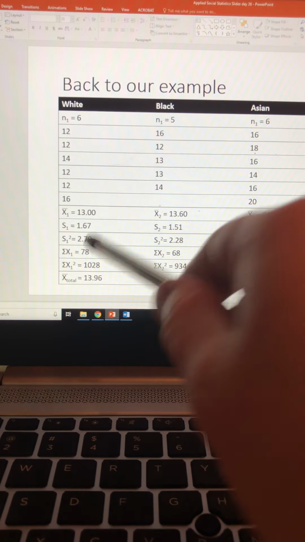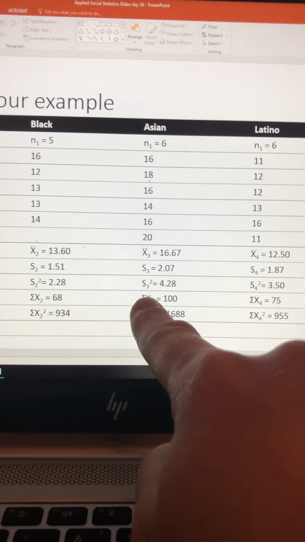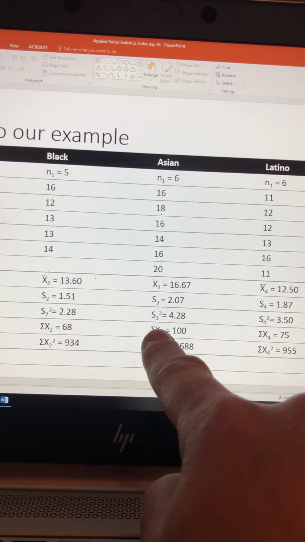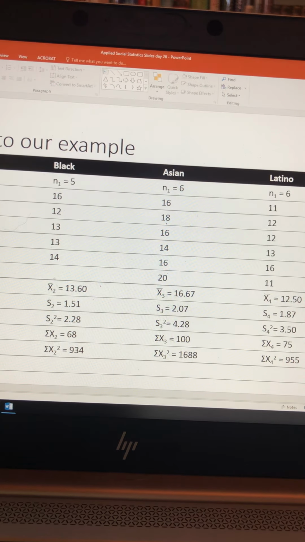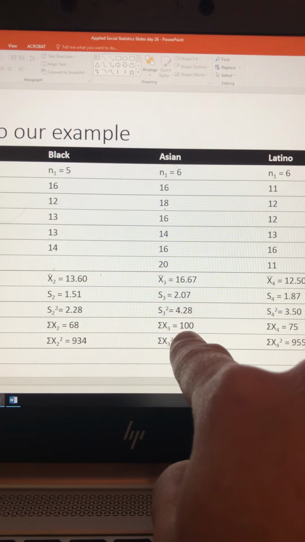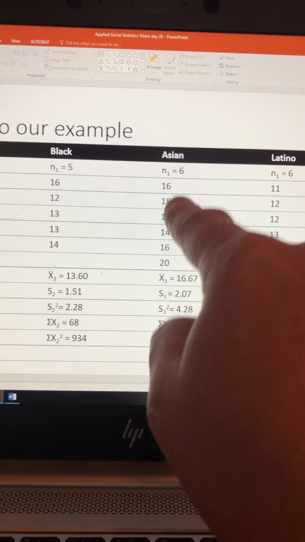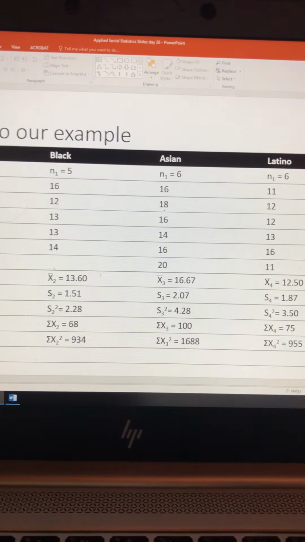So basically, the sum of x1, sum of x2, sum of x3, let's look at the x3. All that says is that taking all 6 of the Asian people from our sample, they have a total number of years of education of 100, right? Person 1 has 16, person 2 has 18, person 3 has 16, 14, 16, 20. You add them all up, you get 100.